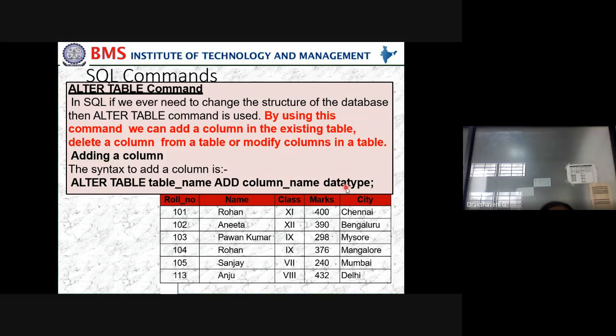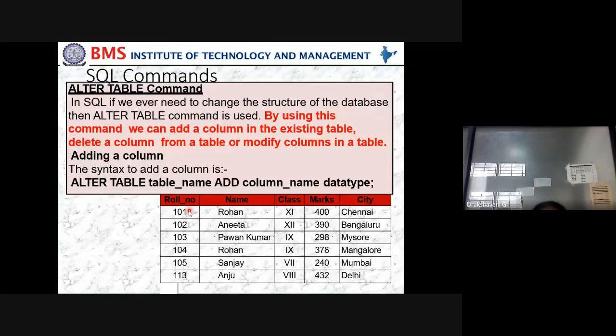We want to store a number, a character, or a string. We can specify it here. In alter table we can do two things: add a column, or delete a column. The syntax to add a column is alter table, table name, add column name, data type.